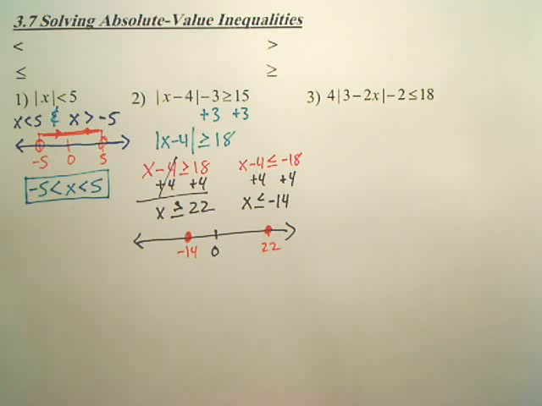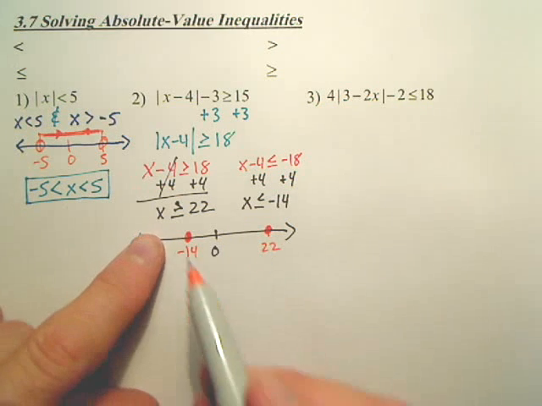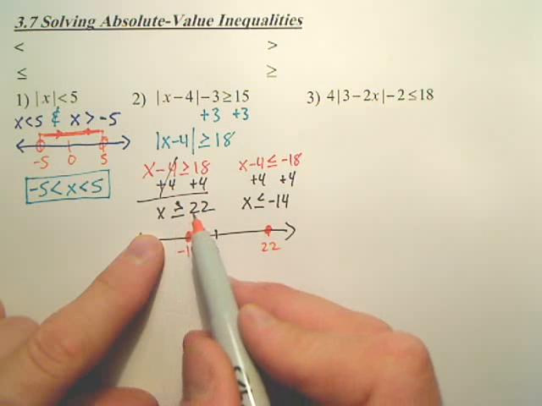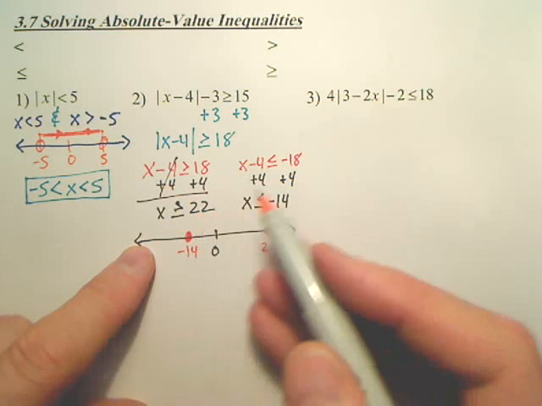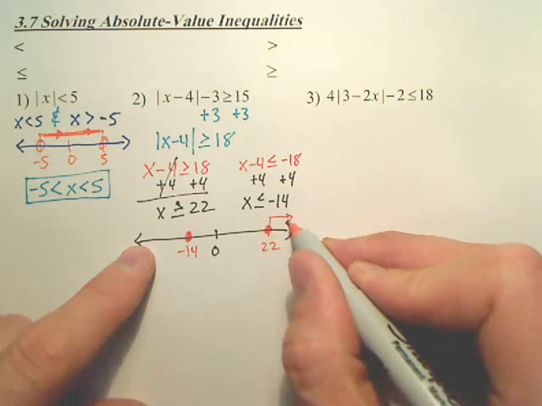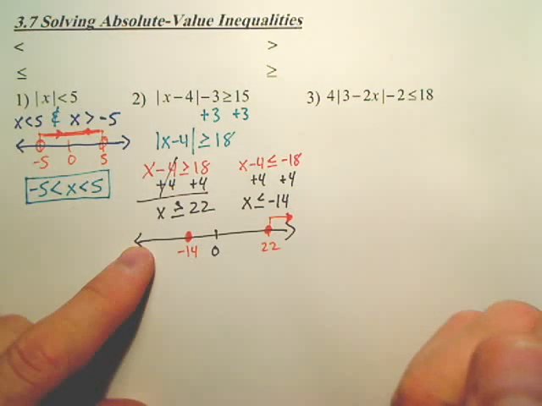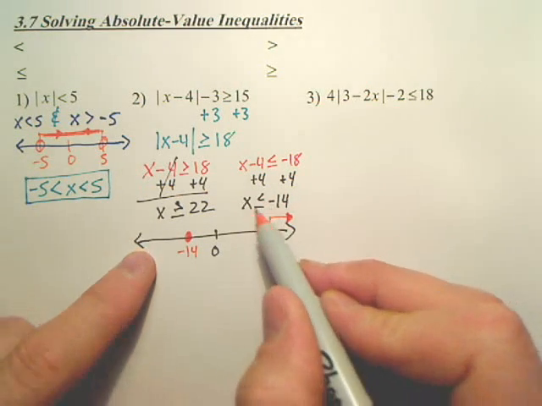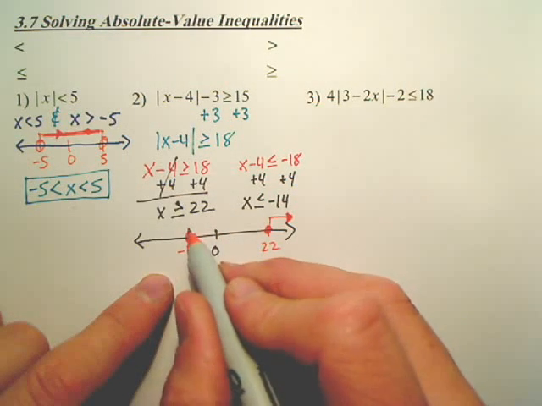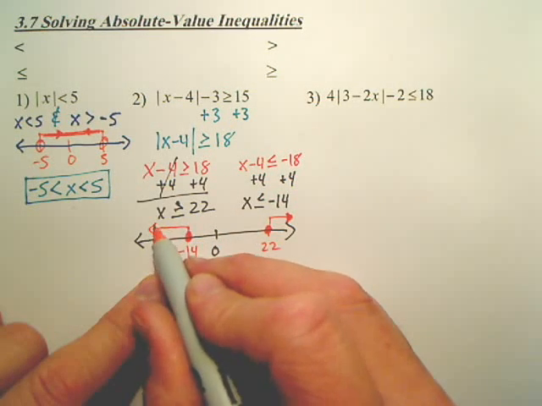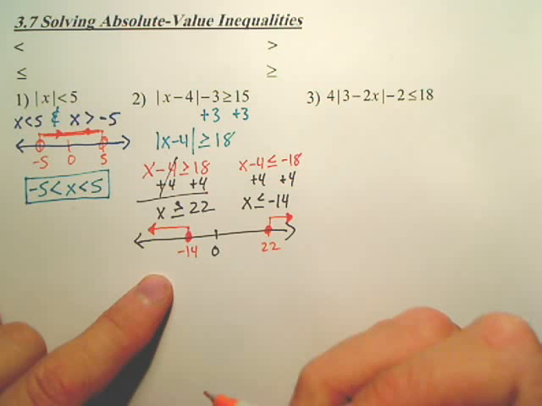Now, are they always going to be shaded in between? No. For instance, look. What does this say? X is what, 22? It says greater than or equal to 22. So doesn't that mean we point this way? What's this one say? Does it say less than or equal to negative 14? Yes. If it's less than or equal to, doesn't that mean we go this way? Yeah.